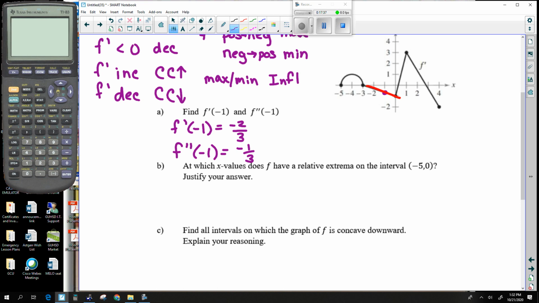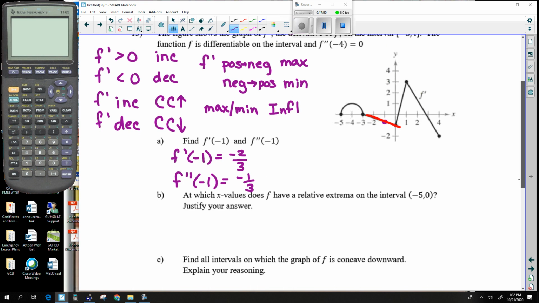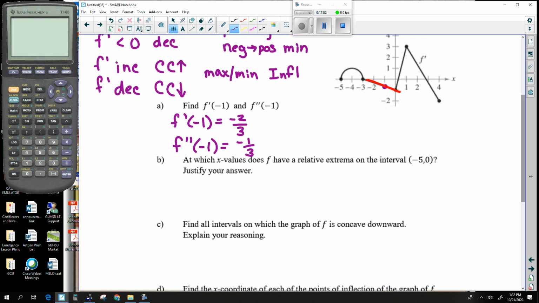At which x values does f have a relative extrema on the interval from -5 to 0? So extrema would be, again, where the derivative switches from positive to negative or negative to positive on the interval from -5 to 0.